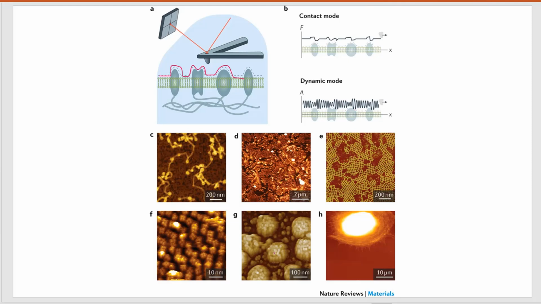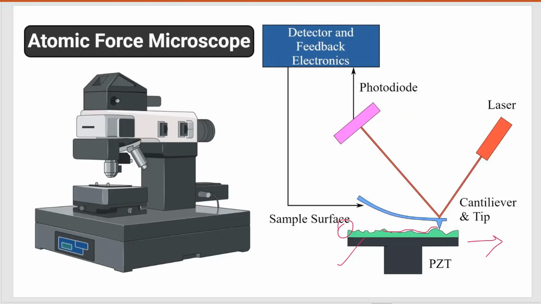Lastly, you can see this type of images, F and G. These are the same images at higher resolution. This is a 10 nanometer scale and this is a 100 nanometer scale. You can obviously see the 3D surface structure of the membrane better in the 100 nanometer scale. So the atomic force microscope will give a 3D image.